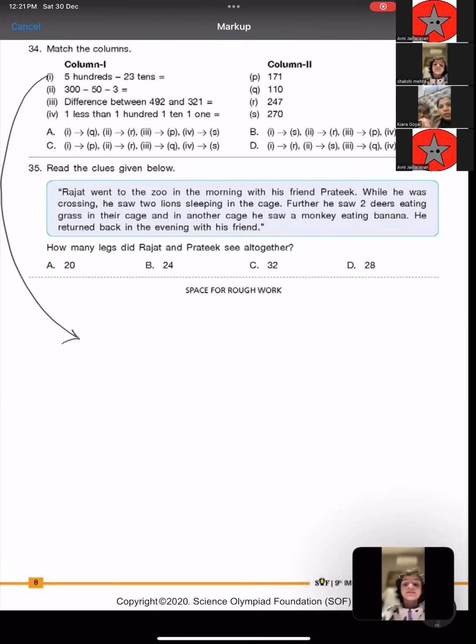So before you will start solving, just have a look at the option. Now see, there would be some questions which we don't need to solve because the option is going to be same for A, B, C, D. Now one is Q, one is S, one is R, one is P. So definitely we will have to solve one. 2 is R in these 3.